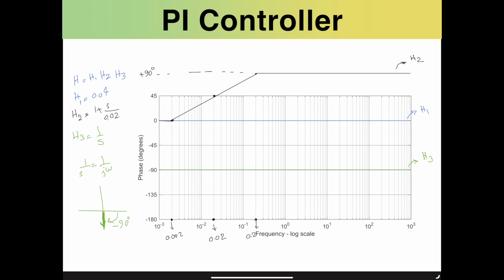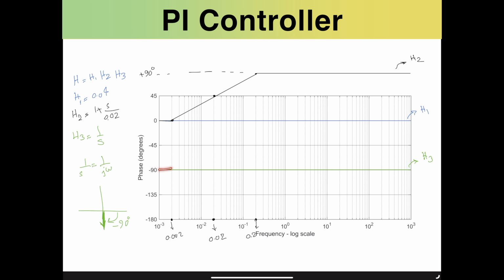Now's the time to sum them up and come up with the total phase. If you think about what is the initial value that we start with, two diagrams start with 0, and their summation is going to be 0. But then the third one is minus 90 degrees, which means that we have to consider minus 90 degrees as our starting point.